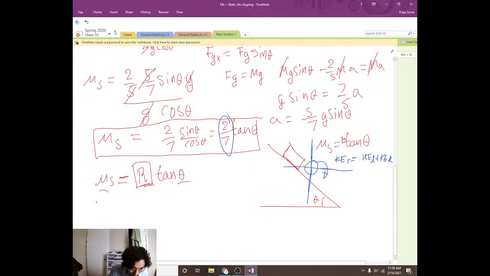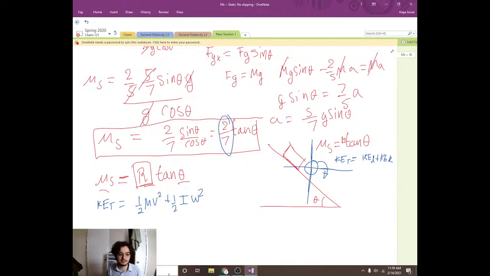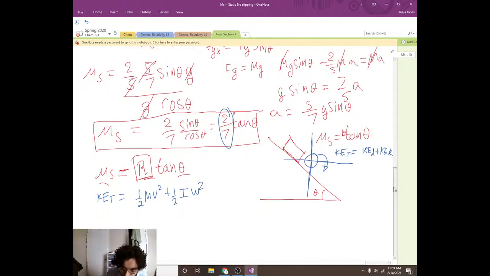So, in other words, the total kinetic energy is equal to 1/2 mass times velocity squared plus 1/2 moment of inertia I times omega squared, where omega is the angular velocity. And this is a very important relationship here.